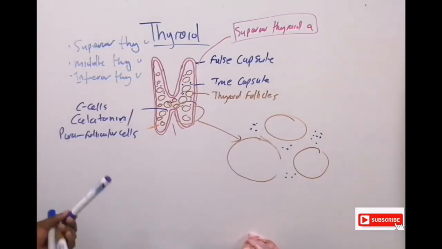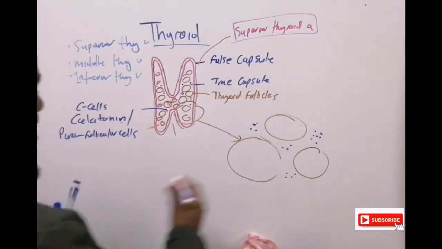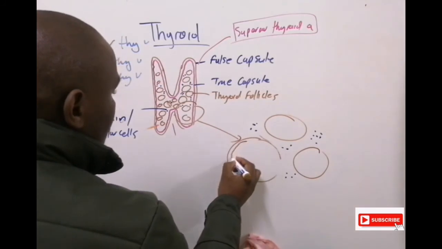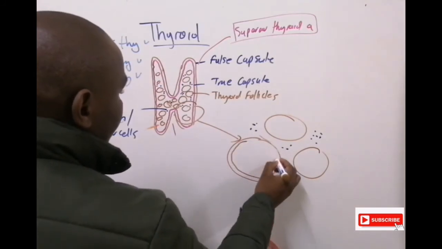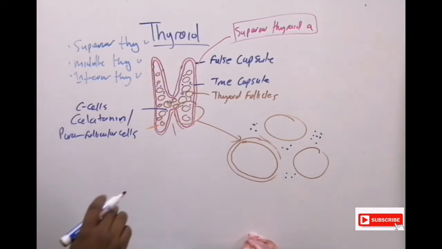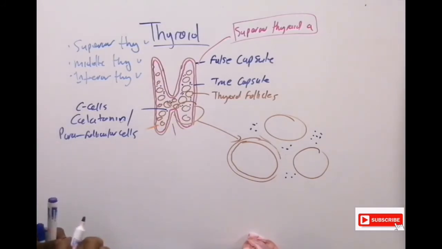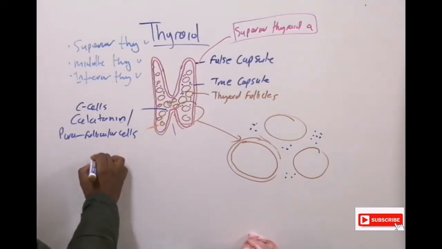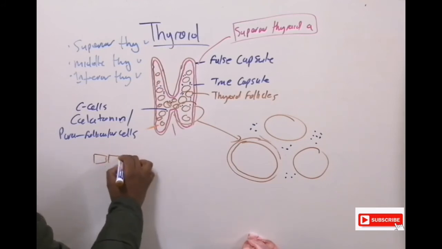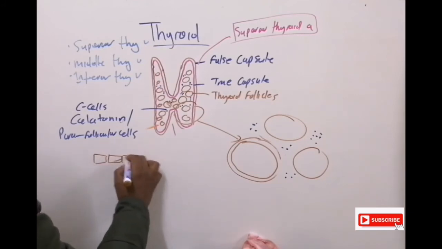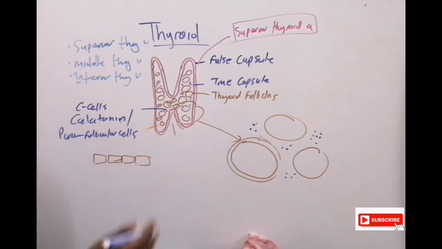Now, these cells are a single layer of cells. They are called simple. When you find epithelial cells arranged in one layer, that's called simple. It can be simple columnar, simple cuboidal, simple squamous.